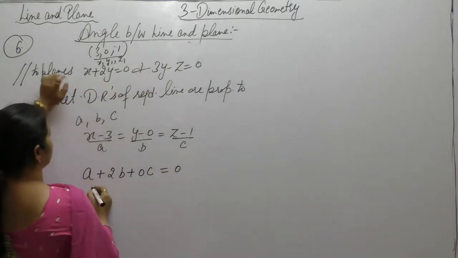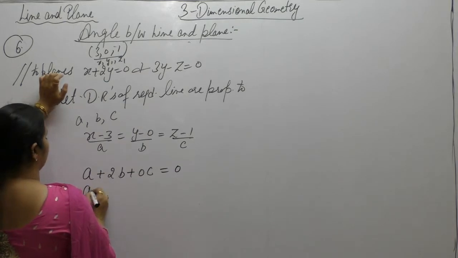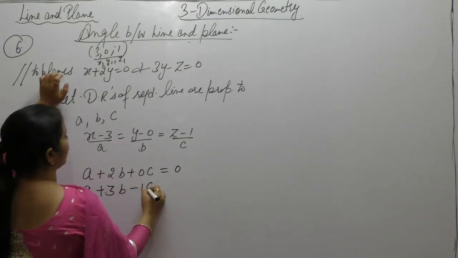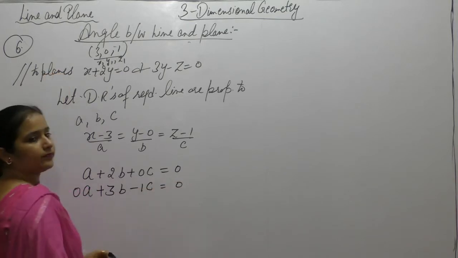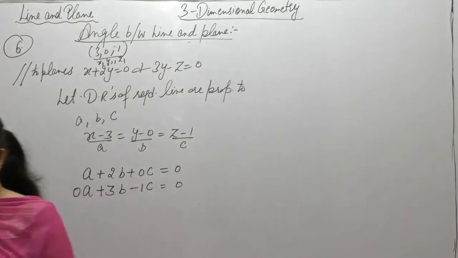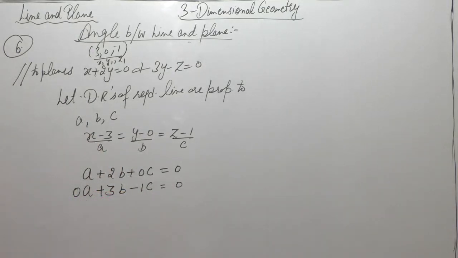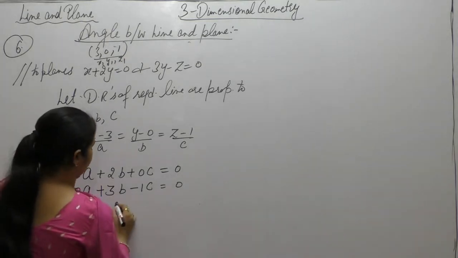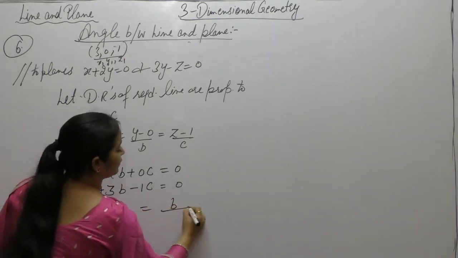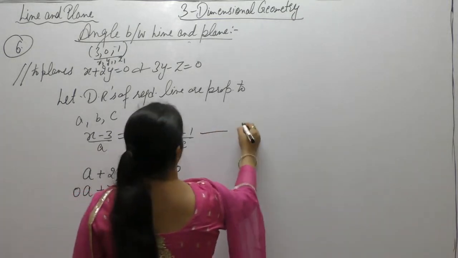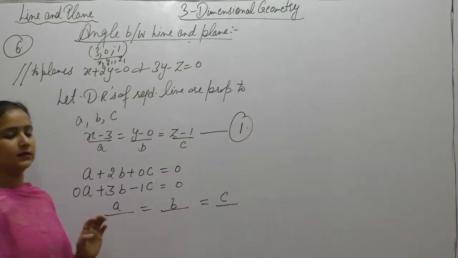And for this equation, A into 0, x component is not there, 3B minus 1 into C. Clear? Because line is parallel to these planes, therefore ये हमारे पास equations आ गई. इसे हम क्रॉस मल्टीप्लिकेशन से सॉल्व करेंगे to find the value of A, B and C. Let this equation as equation number 1.